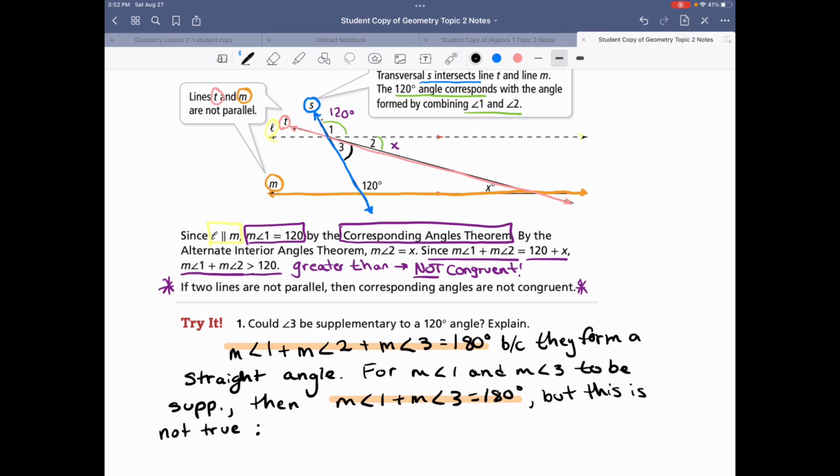Because what's actually true is that the measure of angle 1 plus the measure of angle 3 is equal to 180 degrees minus the measure of angle 2. So the measure of angle 3 is actually not enough.